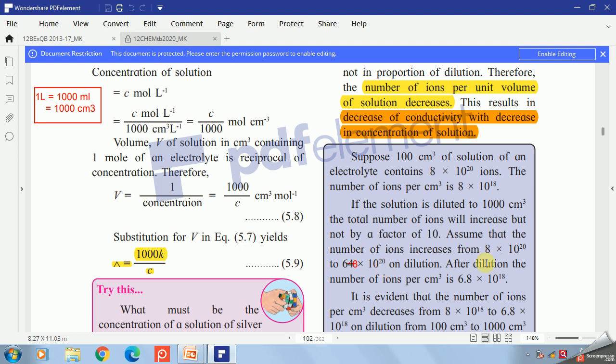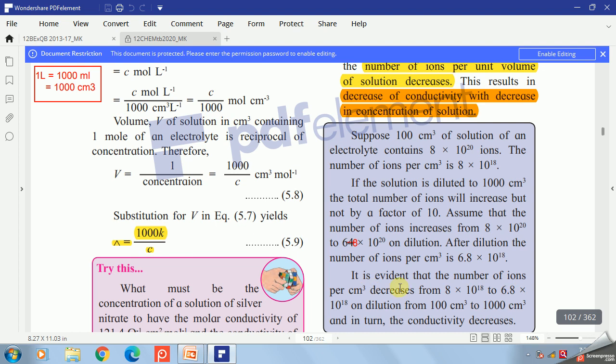Our expectation is it should be higher, but after dilution the number of ions per centimeter cube is 6.8 into 10 raised to 18.